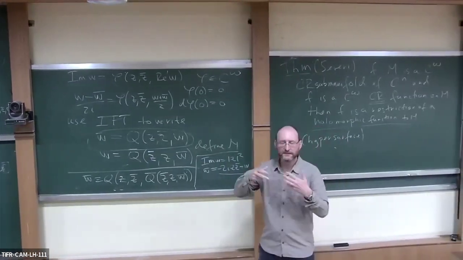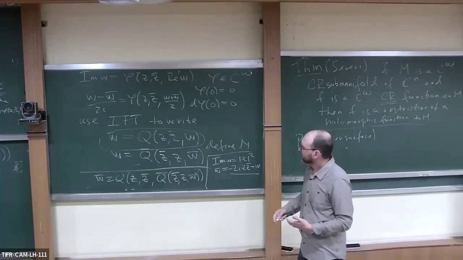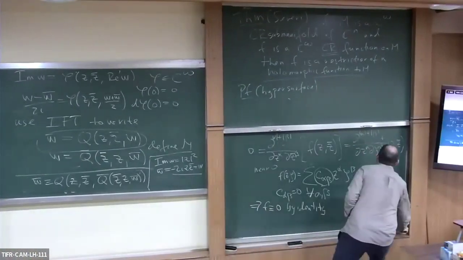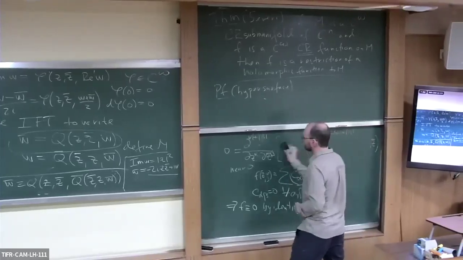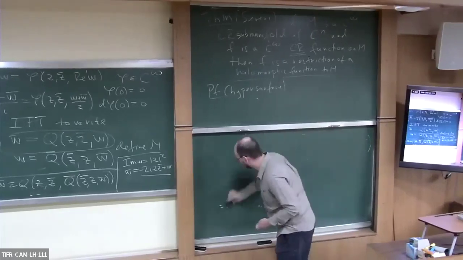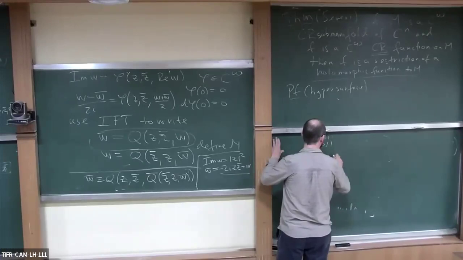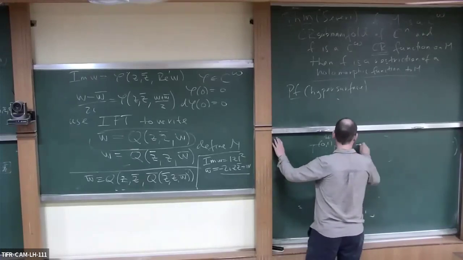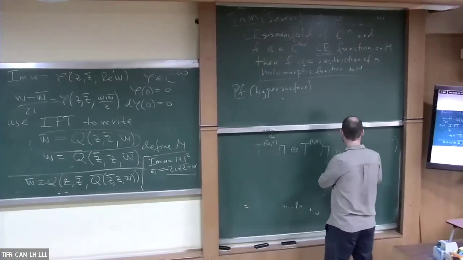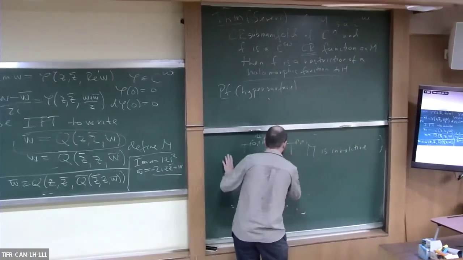Basically it just means that T^{0,1}M is involutive on the flat.